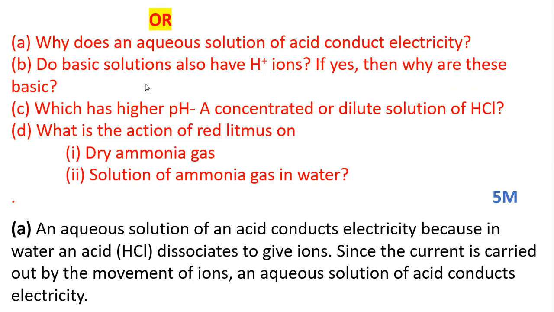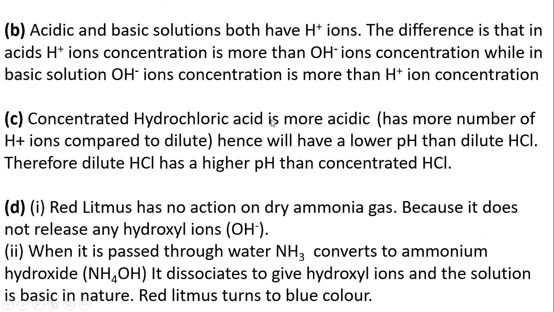Do basic solutions also have H plus ions? If yes, then why are they basic? Yeah, it's a very good question, right? The answer here: either H plus or OH minus.